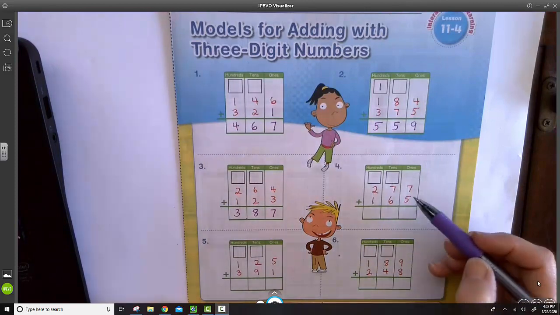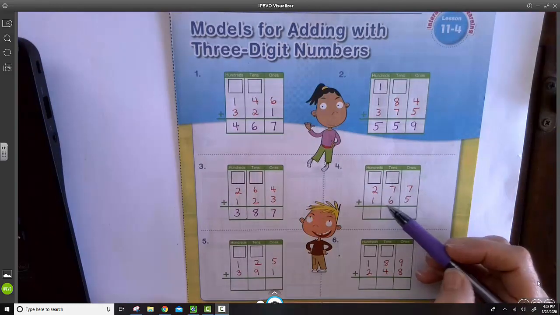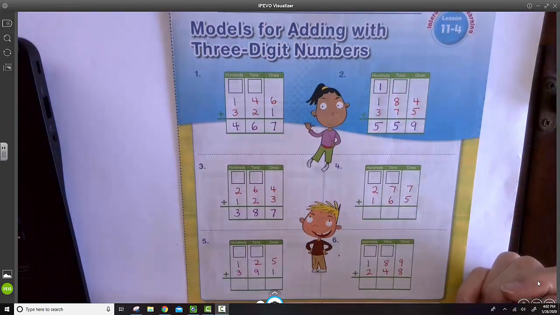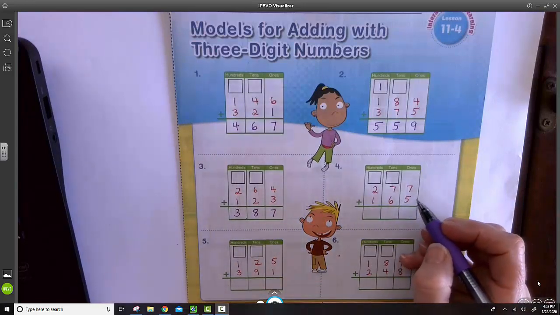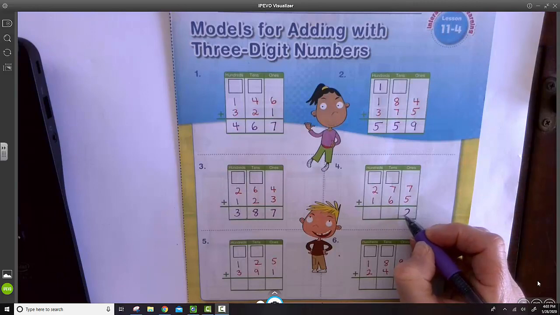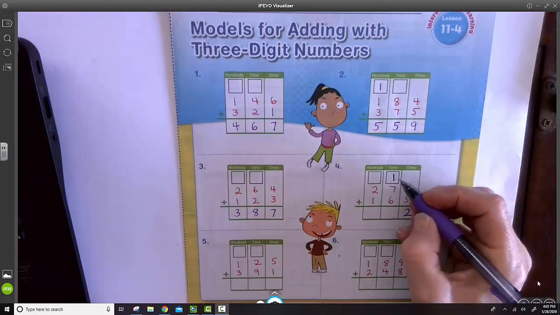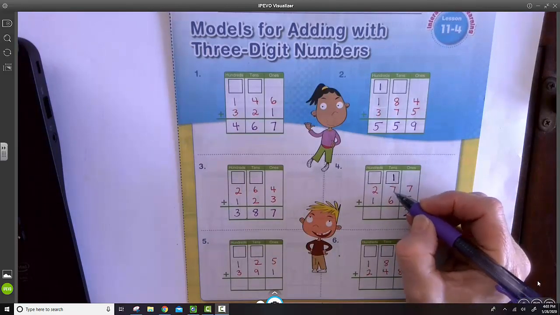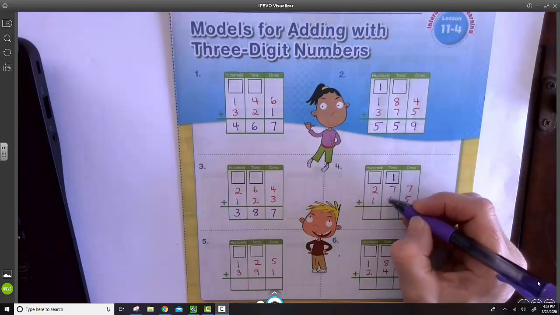I'm glad we had this simple problem, because looking at number 4, I can already see not so simple. It looks like I'll have regrouping in the ones column, and it looks as though I'll have regrouping in the tens column. But if we work slowly and strategically, we'll be able to accomplish and have a correct answer when we're finished. 7 plus 5 would be 12. Of course, I can't write a 12, so I put my 2 ones and I regroup one of the tens. So now I have 1 ten, 7 tens, and 6 tens. Oh, I see some compatible numbers here. I like that look.